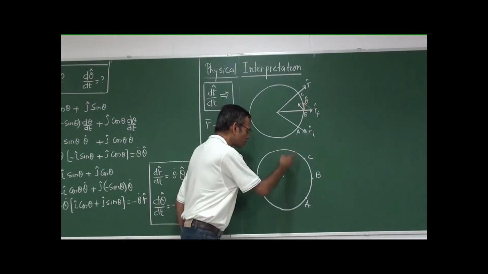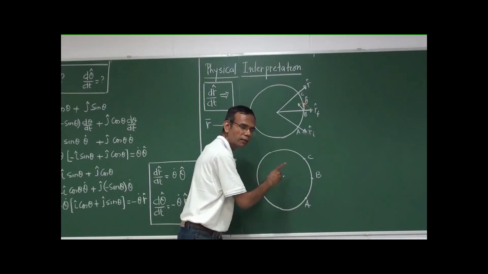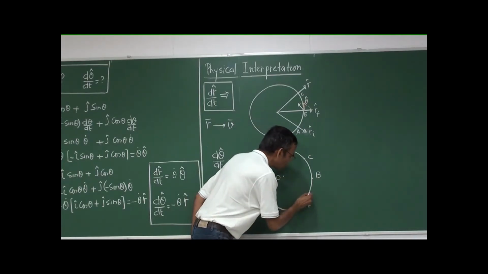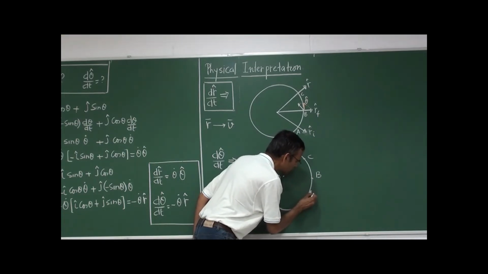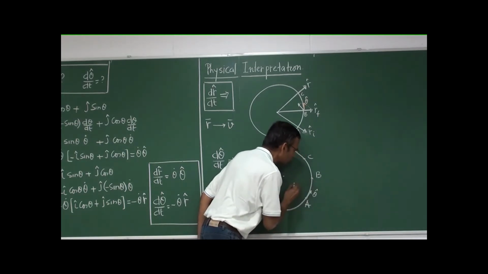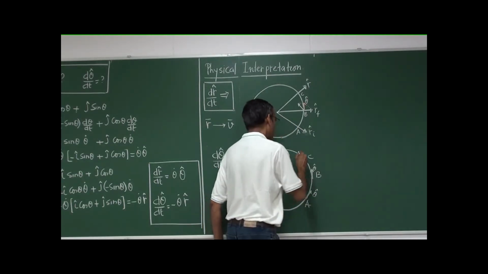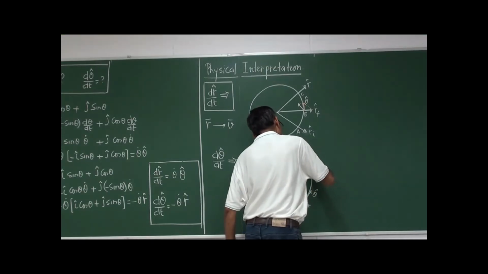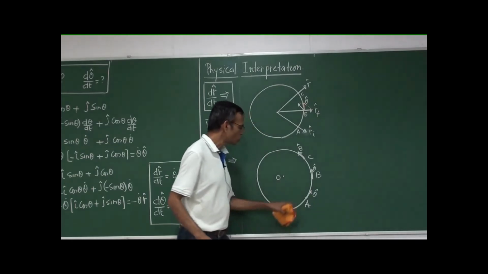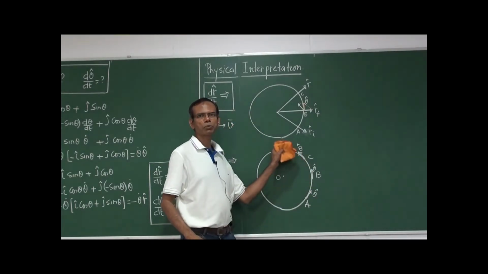Basically a body is moving in a circle, so I will draw the theta cap vector. So here is the theta cap vector. At point B, this is your theta cap. At point C, this is your theta cap. So theta cap is changing with positions or with time.